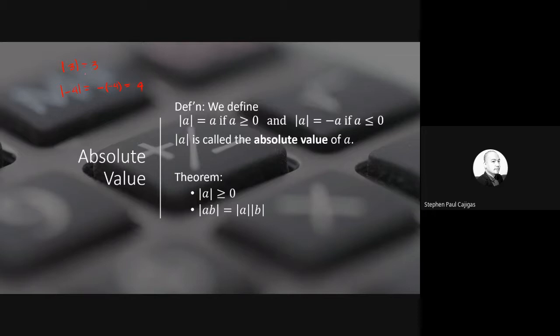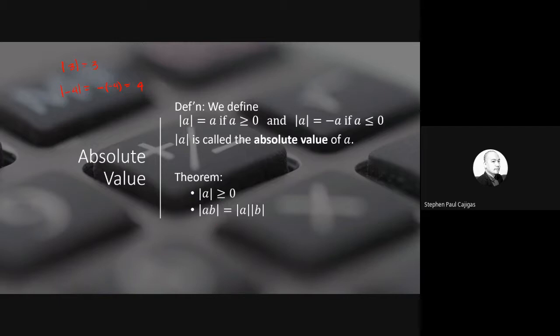So basically, if you remember your algebra, with absolute value we get the positive value. We remove the negative sign. If there is a negative, remove it, and that is your absolute value.